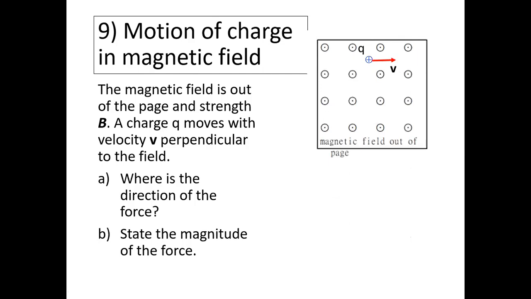Okay, motion of charge in a magnetic field. Magnetic field is coming out, right? This is an arrow tip there, coming out of the page. Strength B, charge is Q. V is perpendicular to the field. Where is the direction of the force? Use the left hand rule. Field is coming out.